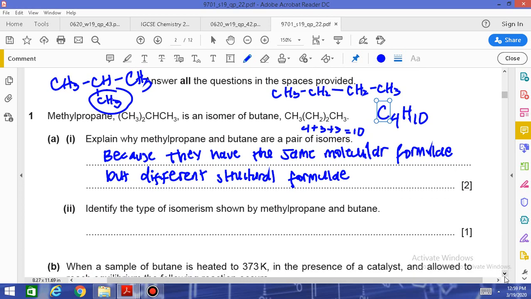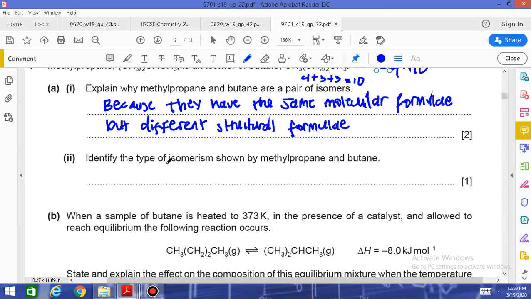Okay, next. Identify the type of isomerism shown by methylpropane and butane. As I told you, the type of isomerism is structural or chain isomerism.